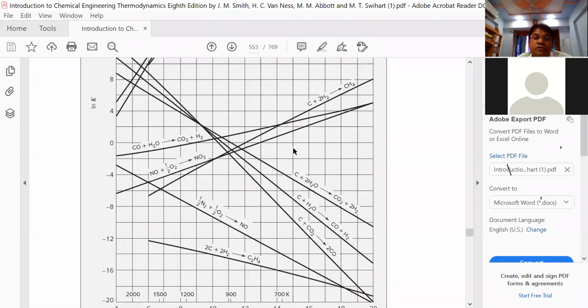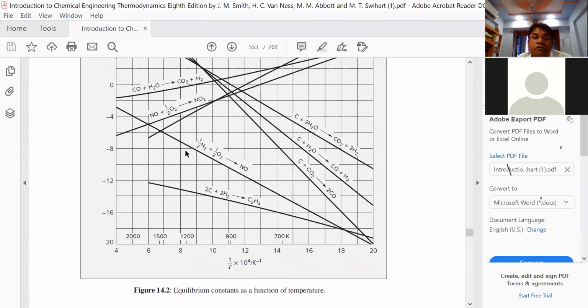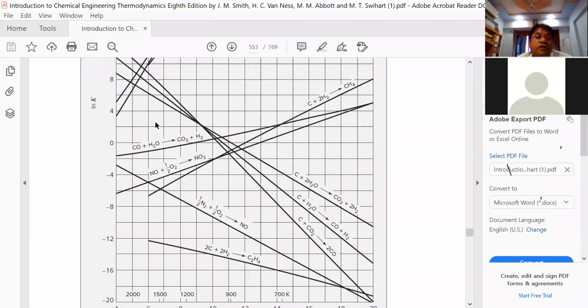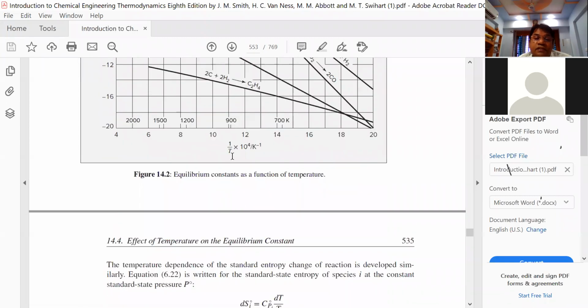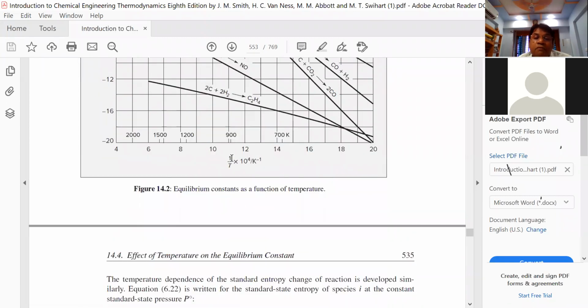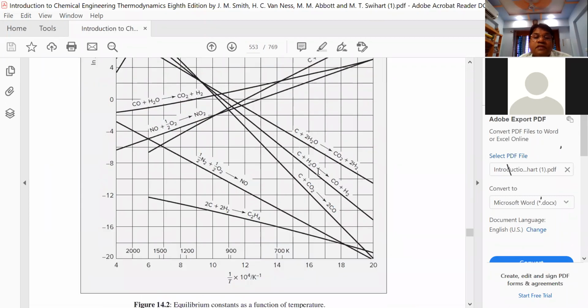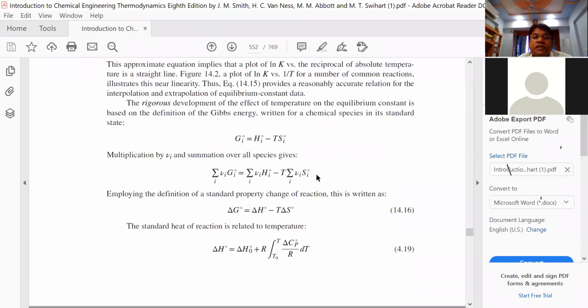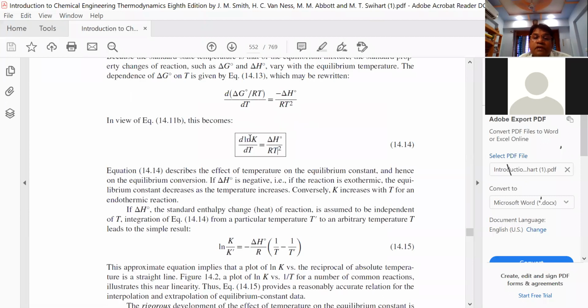There are plots of many reactions, with ln K on the y-axis and 1 by T times 10 to the power 4 on the x-axis. This is in K inverse because it is 1 by T, the reciprocal of temperature. They give straight lines. So this is the relation between equilibrium constant and temperature.